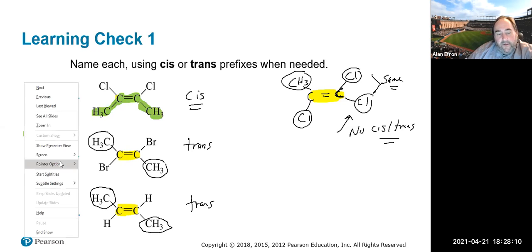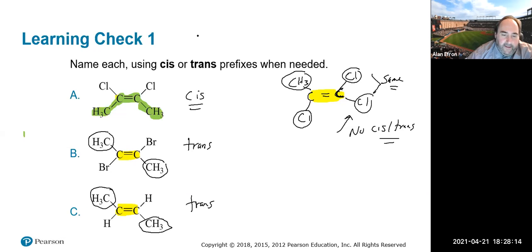carbons. So the base of this guy here would be butene, right? Because there's 4 carbons and a double bond. If we numbered this would be carbon 1, carbon 2, carbon 3, carbon 4, which means the groups here are actually 2 chloro groups at carbon 2 and 3.